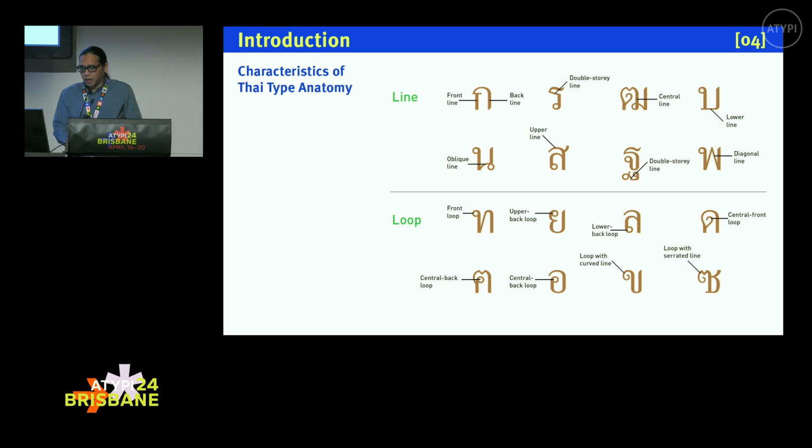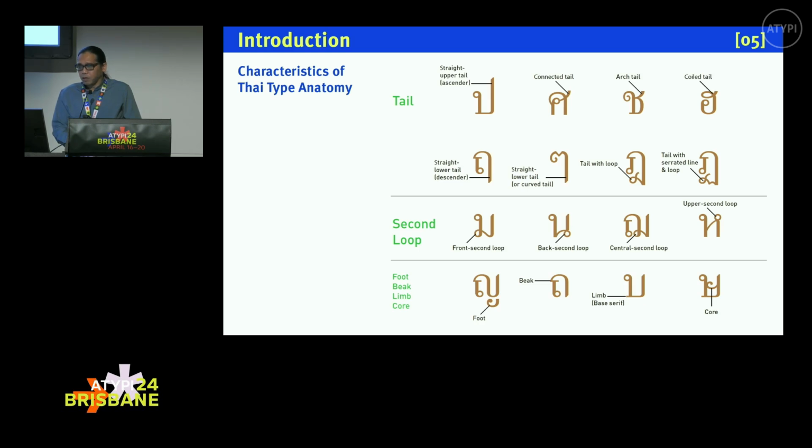The loop characteristics include front loop, center back loop, upper back loop, lower back loop, loop with curved line, loop with slanted line, and center front loop.